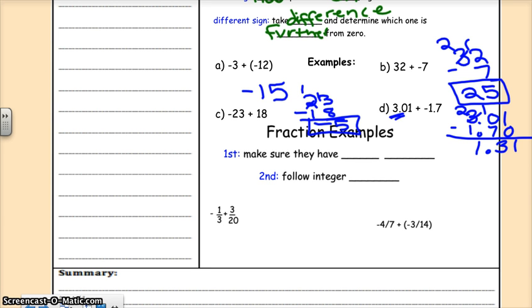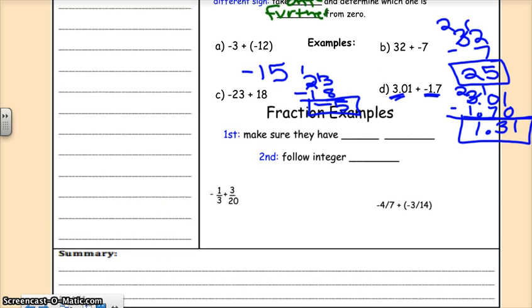This one's 3.01 away from 0. This one's 1.7 away. The positive wins. So it's a positive answer. Yep. Shouldn't it be 1.29? No. No. Never mind. Sorry.